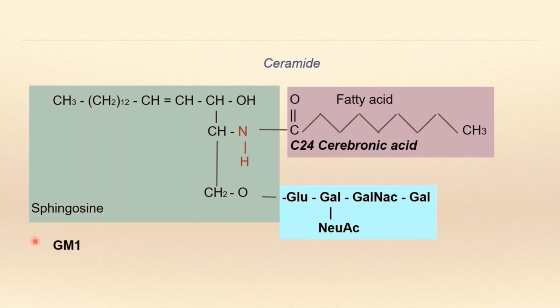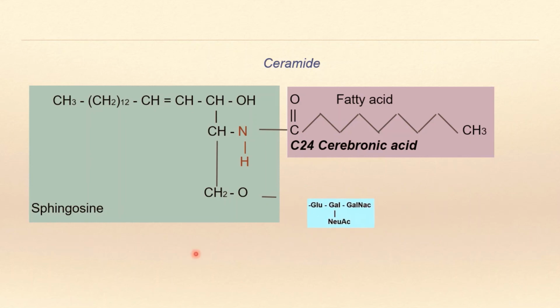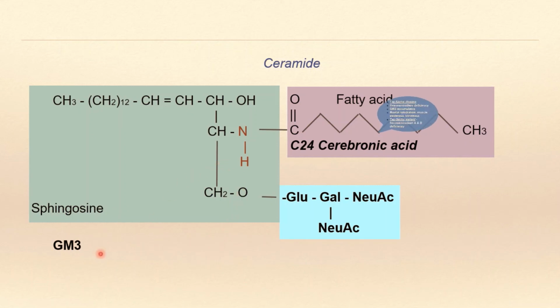So if this arrangement is present, that is GM1, then GM2, and then there will be the formation of GM3. By different transferase enzymes, these groups will be added to the ceramide group, and we get GM1, GM2, and GM3.